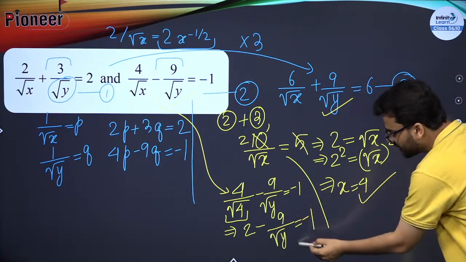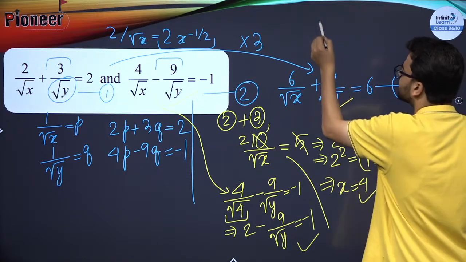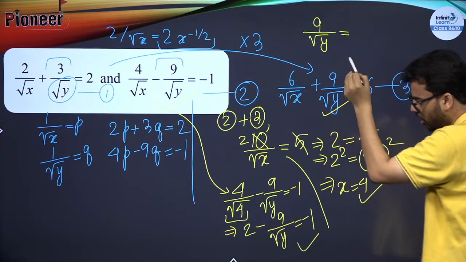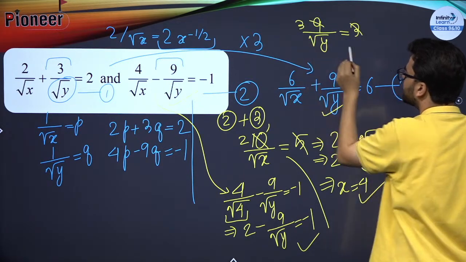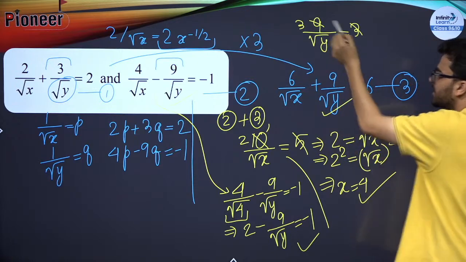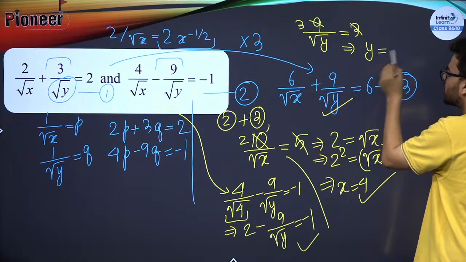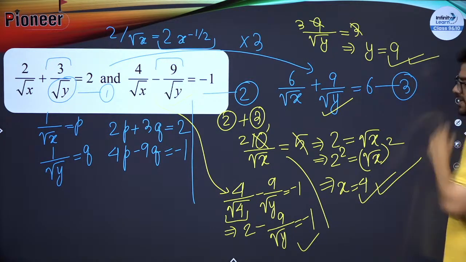So guys, I am taking this on the upward side. So can I simplify and can I not say that 9 upon root y will come out to be equal to 3 over here? So you see 3 3s are 9. So if you square on both sides of this equation, this is 3 upon root y. So can I not say that y is equal to 9 is the answer? You see x is equal to 4, y is equal to 9 is the answer.